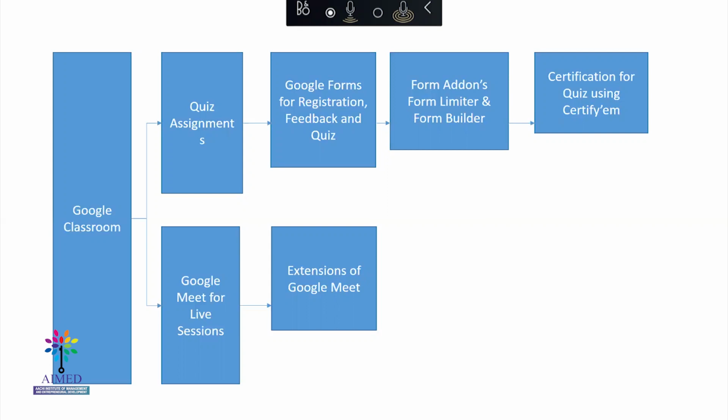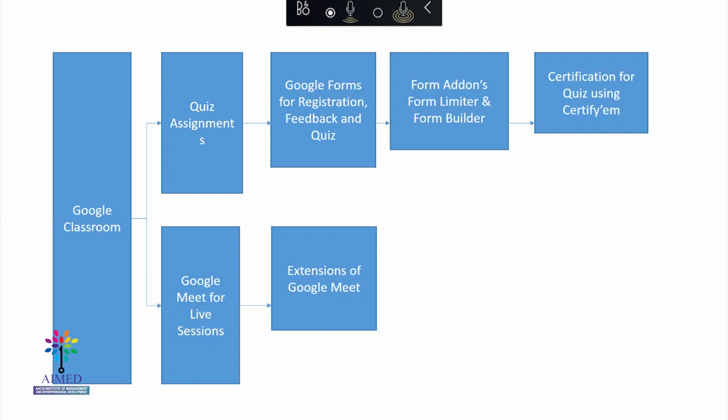And further, we have seen about Google Form add-ons, which will further help us to limit our form responses and also to build new forms using documents, sheets, and slides, and also with the existing Google Forms.